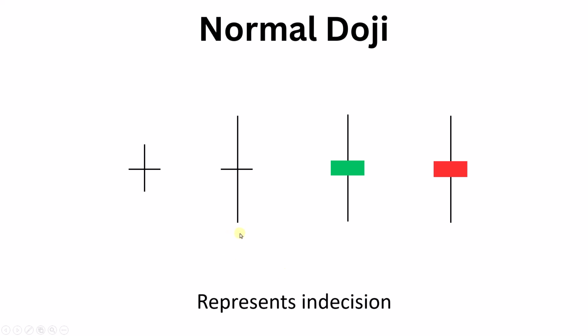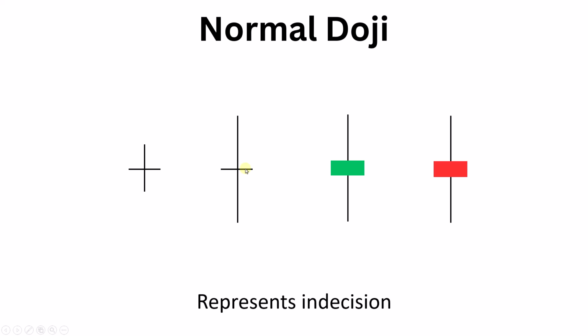Now what is this indecision? This indecision means the buyers and sellers are of the same strength. Okay. Here the price opened, the buyers took the price up, sellers pushed it down, buyers pushed it back up and closed it again, meaning both the buyers and the sellers are of the same strength.